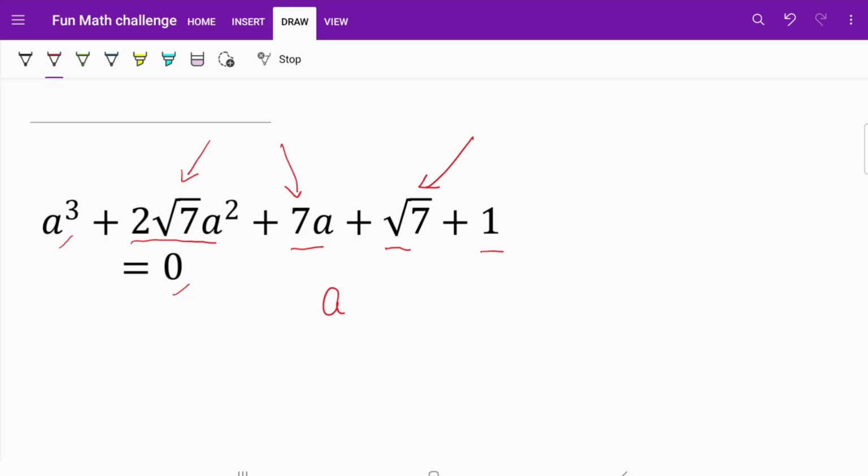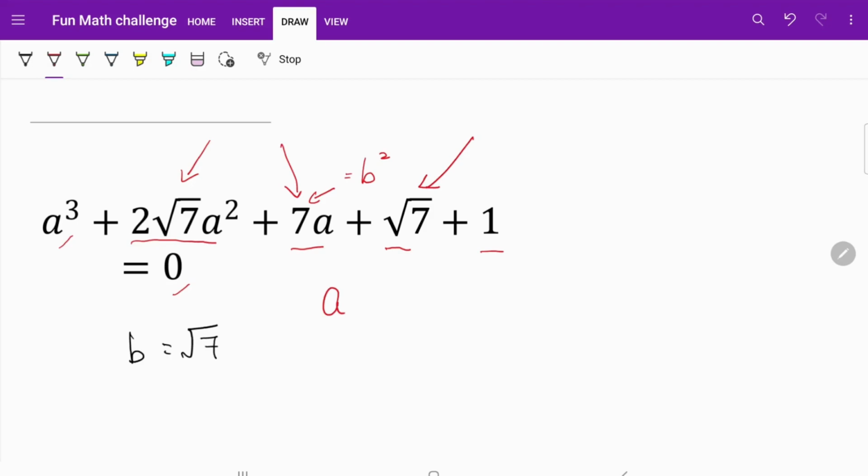We can do that by substituting it with an algebraic entity. Let's go ahead and call b equal to square root 7. From here, I can let 7 equal to b squared.